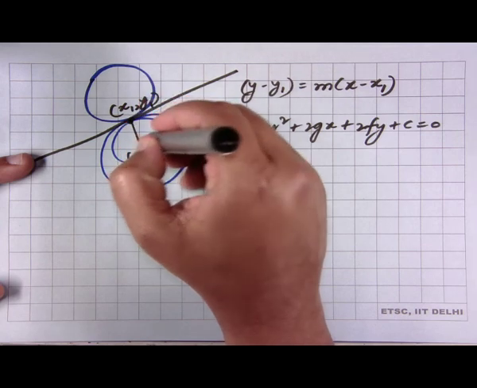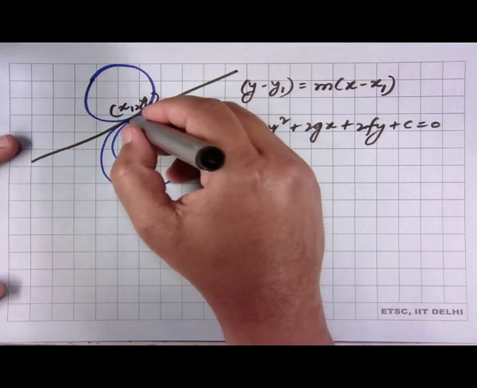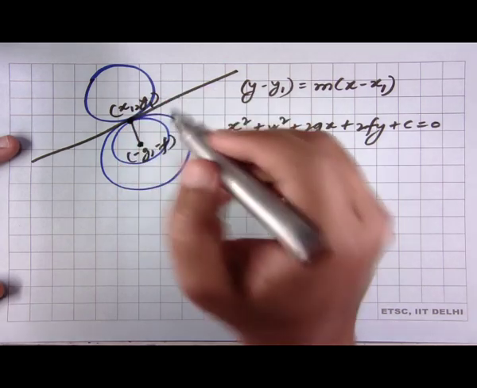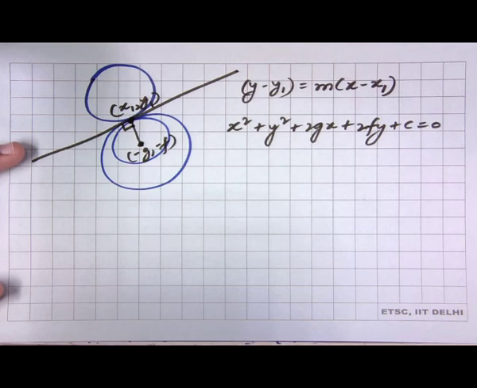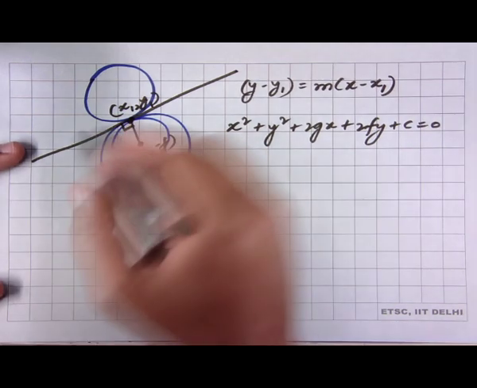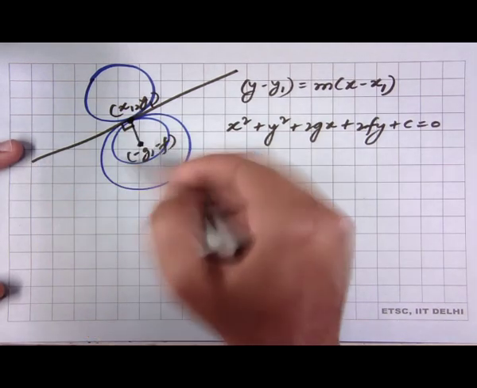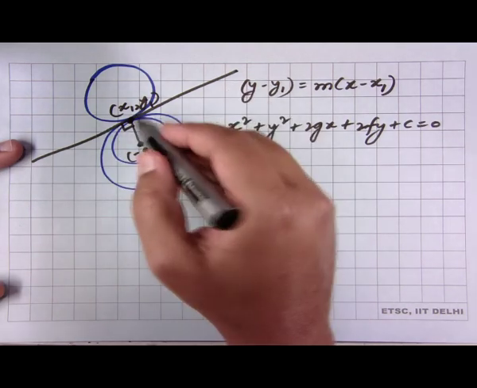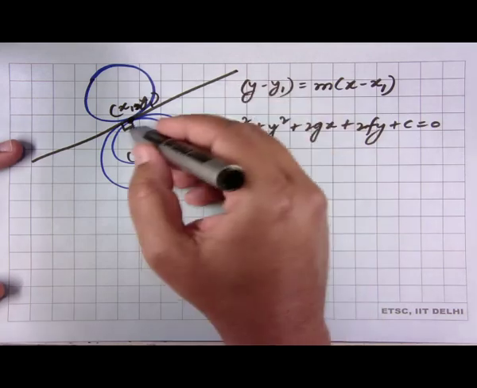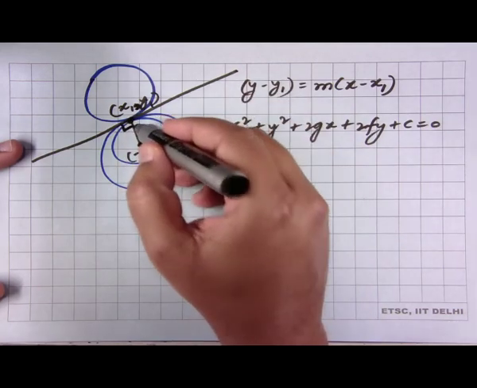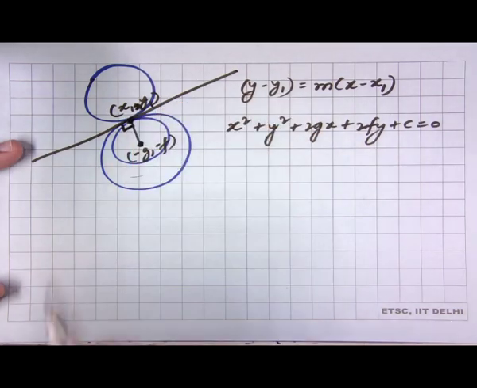So, obviously, if we join the center and this point x1 y1, then this angle is 90 degrees, because since this circle touches the straight line at x1 y1, the straight line is actually a tangent to the circle at this point.